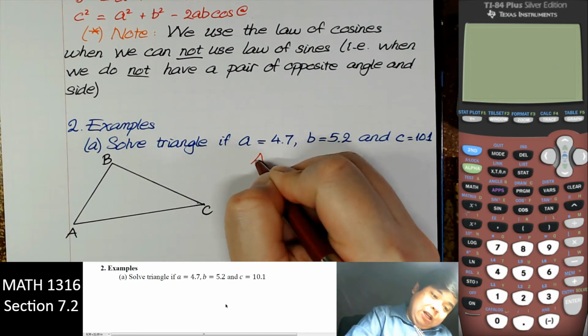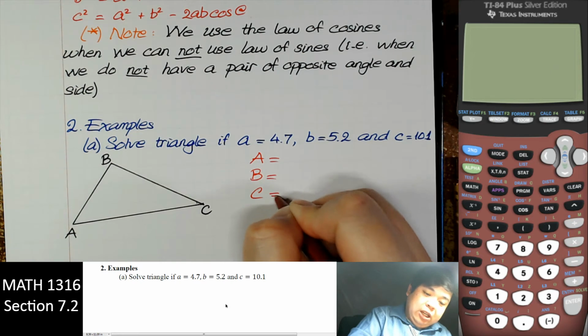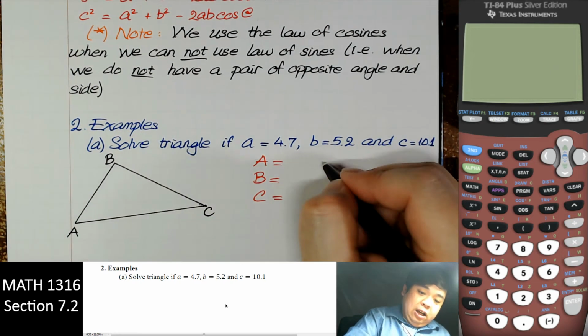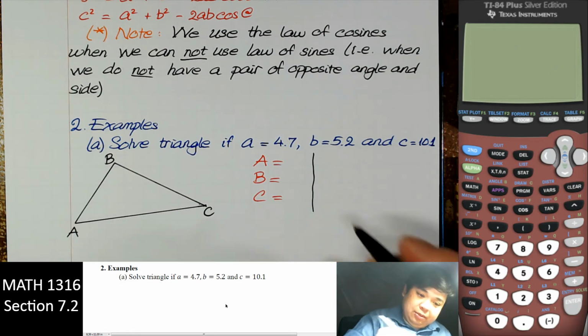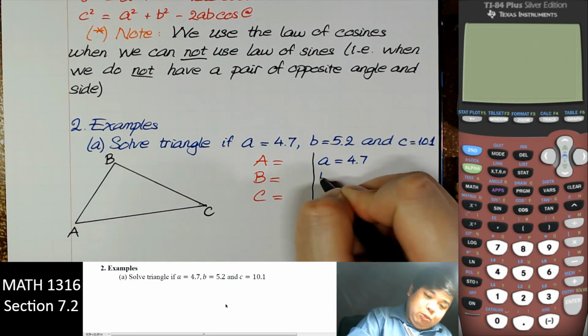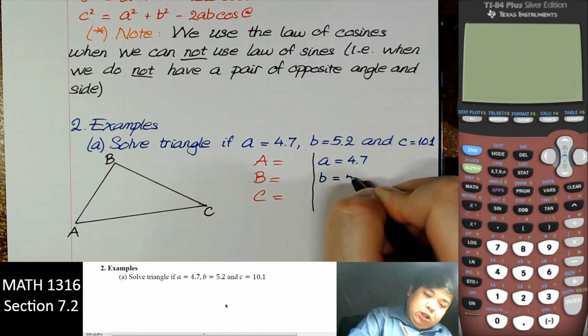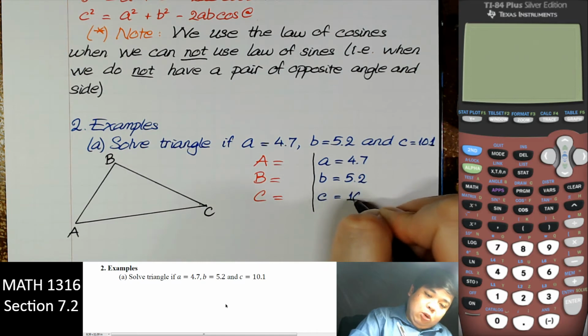So we don't know A, don't know B, and don't know C. But we are given all the sides. Little a, 4.7. Little b, 5.2. And little c, 10.1.